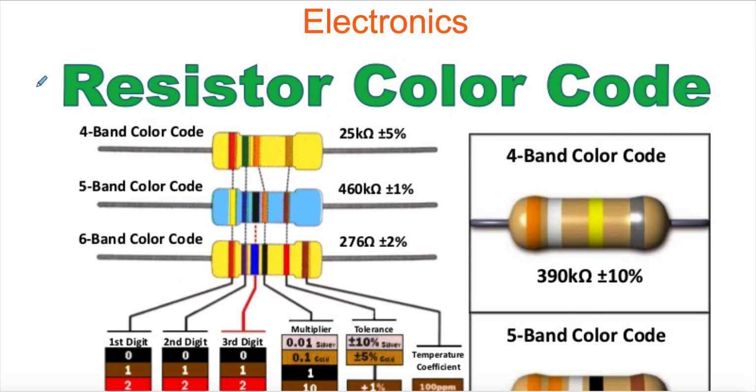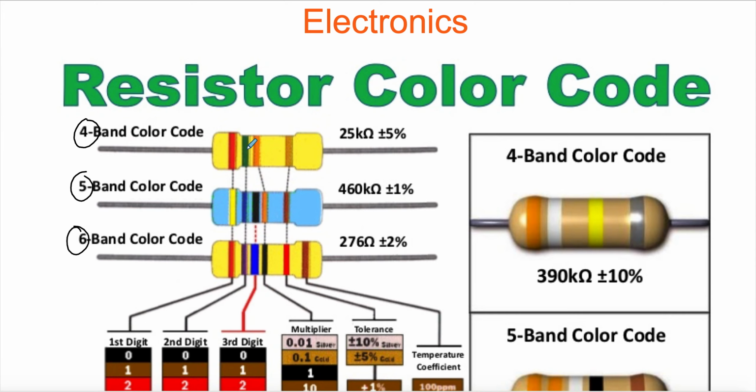They're used all over the place. I showed you guys these in class last time, and there's a specific color code to the resistors. Okay, we have a 4-band, a 5-band, and a 6-band color code. I think the ones we are going to be working with are either 4 or 5. We won't be working with 6 color bands.